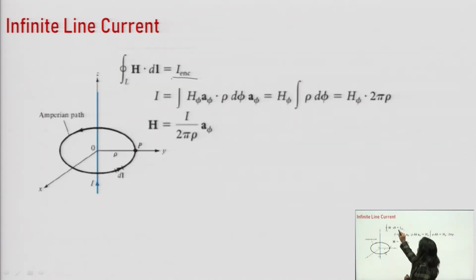Now the total current enclosed by this Amperian path is I, because this conductor is carrying current I.